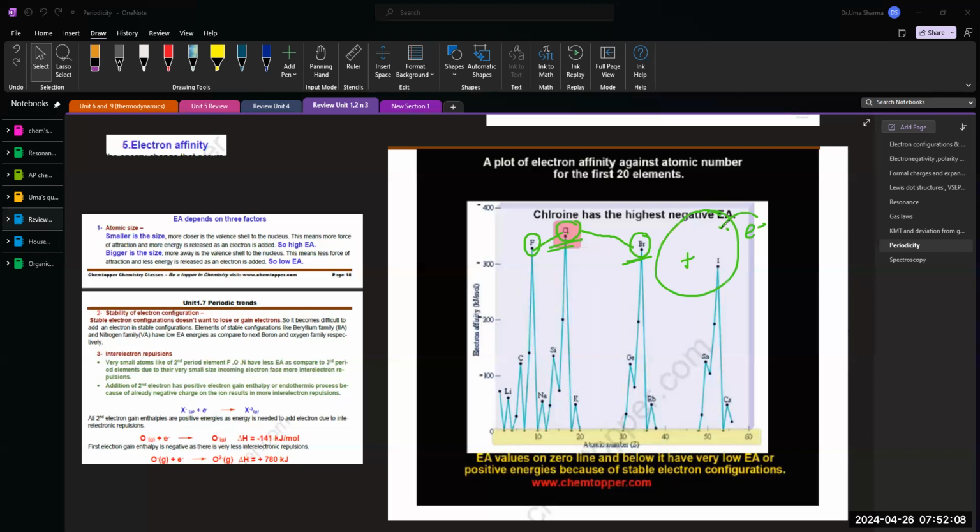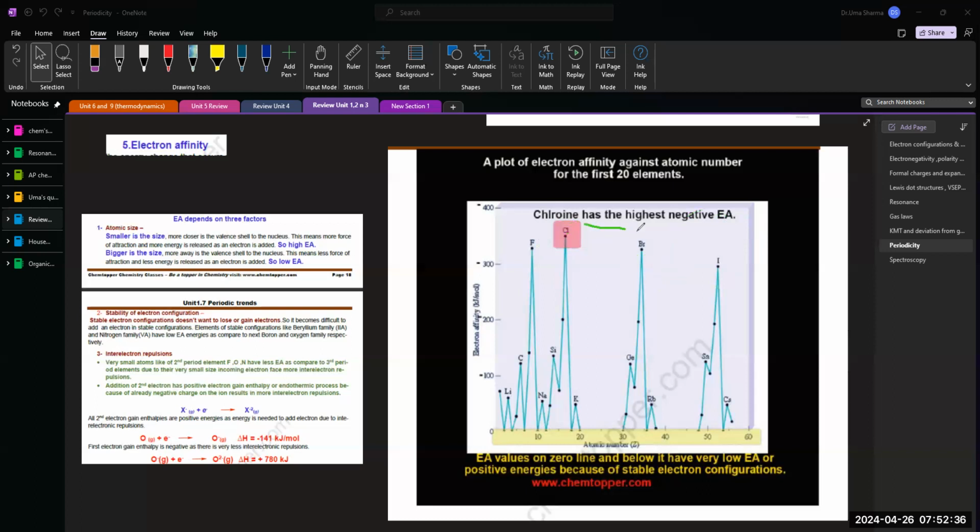Okay. If bromine is larger, then it should have less inter-electron repulsion. But here, inter-electron repulsion is the minor factor. The major factor is size. So the size of bromine is much bigger than chlorine, so the outermost shell is far away, and bromine has less tendency to gain electron than chlorine.